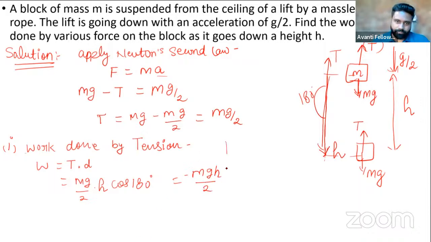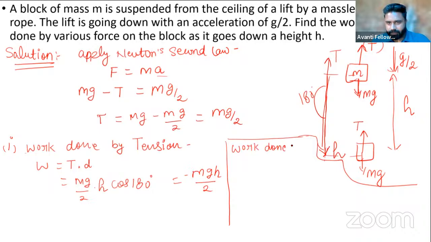Okay. Now, the work done by the second force that is left, the work done by mg. So work done we can take mg, the force acting, dot product with h. Because mg is in the downward direction and the displacement is also in the downward direction, mg and h have an angle 0 between them.